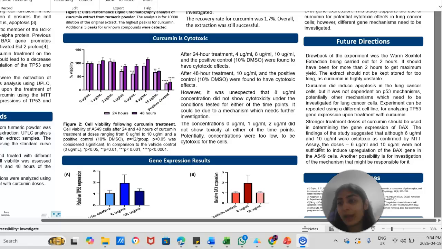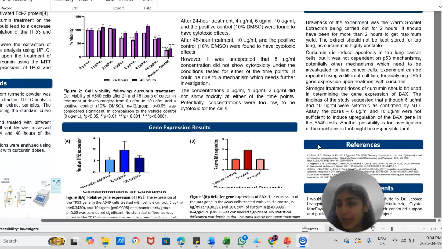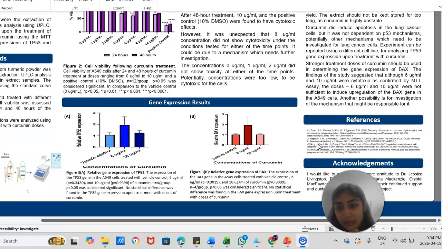Previously, I read a paper for BAX where they used higher doses of curcumin, definitely more than 20, and it induced cytotoxicity. So maybe try higher doses of curcumin for checking the gene expression of the BAX gene in the lung cancer cell line. Overall, the experiment was successful.